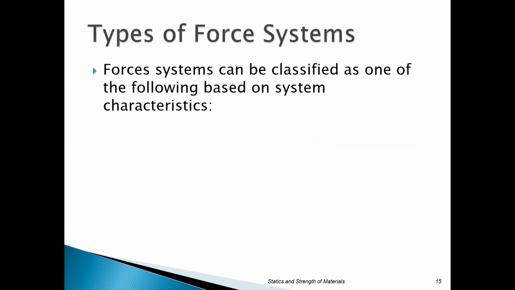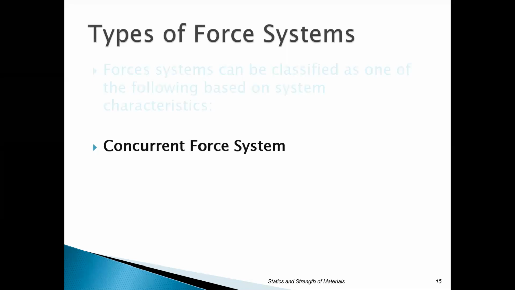So the next thing we look at is the types of force systems that we would encounter to be able to solve a resultant. So you have a couple of different kinds that we talk about. The first one we've already talked about a little bit last week was the concurrent force system.